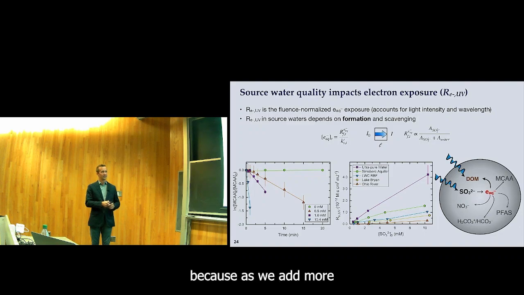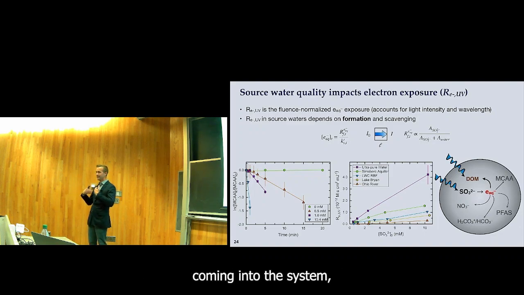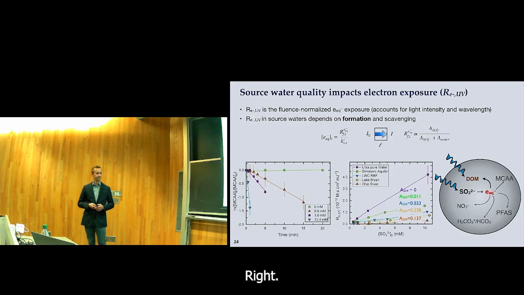This makes sense because as we add more and more sulfite in, more of the photons coming into the system get absorbed by sulfite and less get absorbed by the background water. And you can see that for ultra-pure water versus our water samples, there tends to be a pretty good correlation between the absorbance of the background water at 254 and the RE minus UV. Where it breaks down, though, is this Ohio River sample, right?